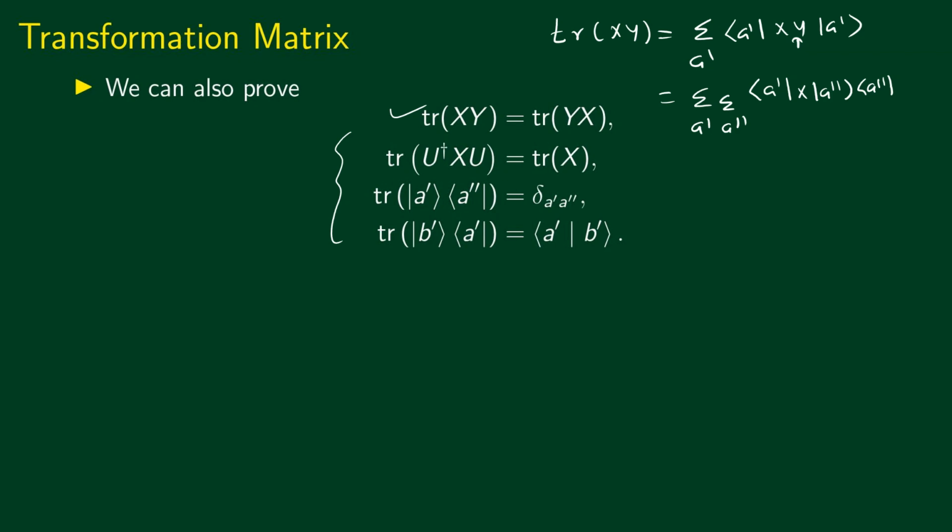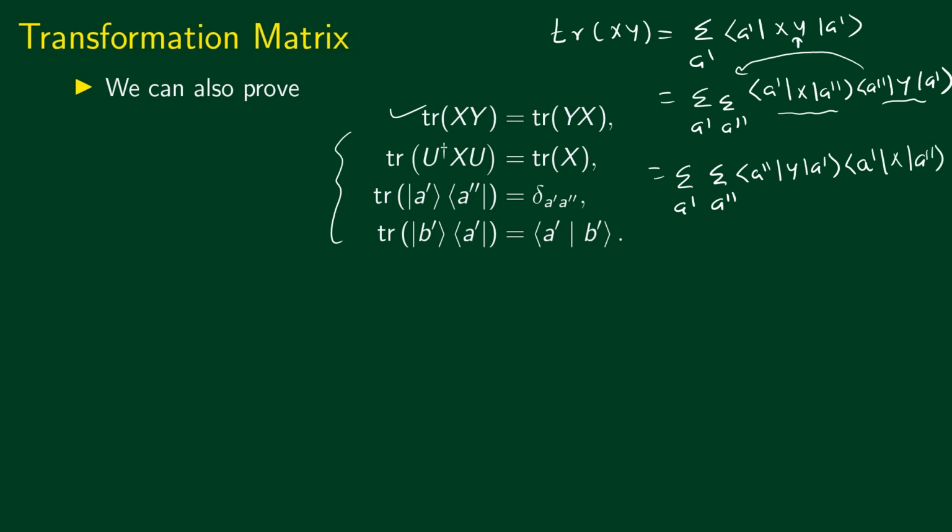Then I have got Y and ket A prime. Now these are numbers, these are matrix elements, so I can write this number first: bra A double prime Y ket A prime, and I have got bra A prime X ket A double prime.